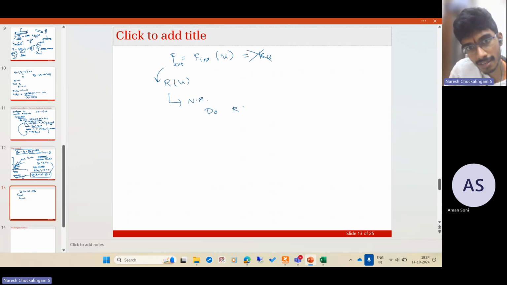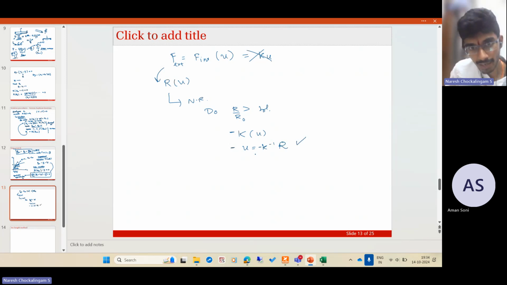Do this as long as the residual is greater than some tolerance. First you find k as a function of u, then you try to get this update, u as minus k inverse r.